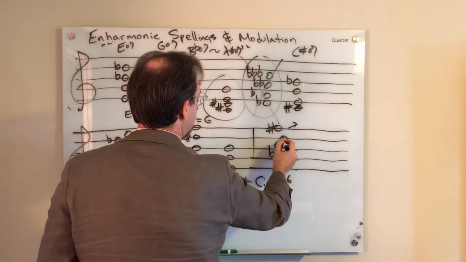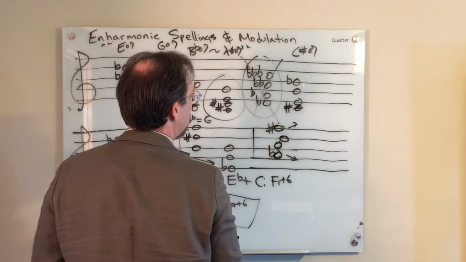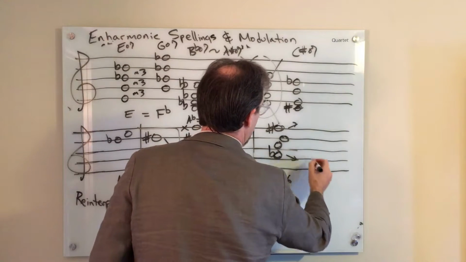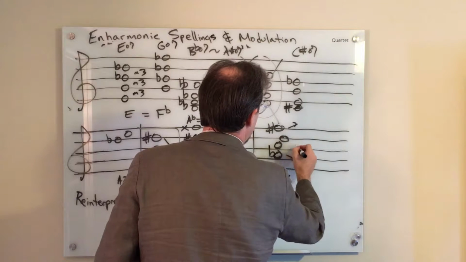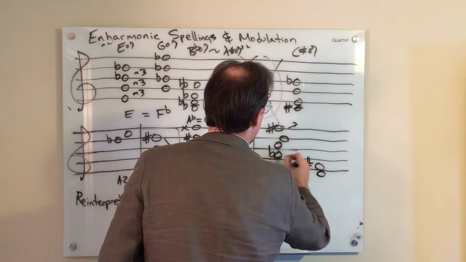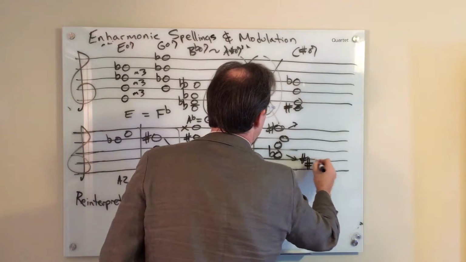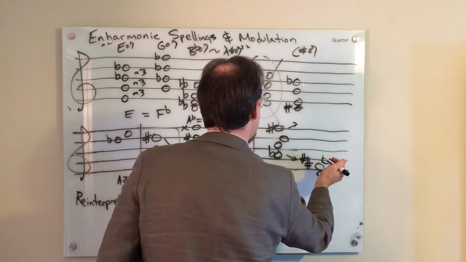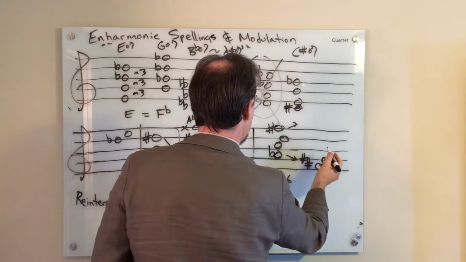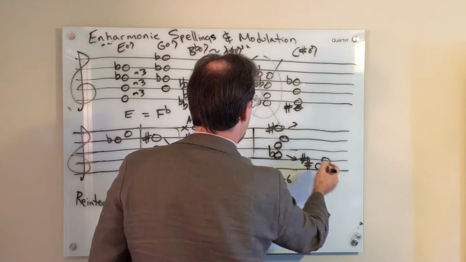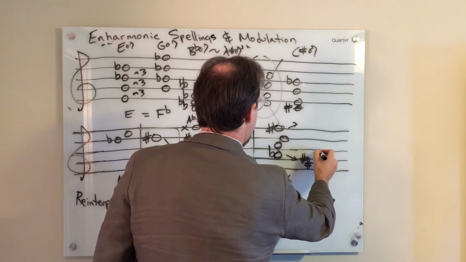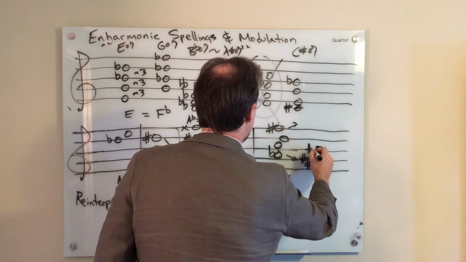So if we look at this as our French augmented 6, we can reorder this to the following. We can make the D, F sharp, make this A flat a G sharp, so we have the F sharp there, the D there, the A flat becomes that, and the C becomes a B sharp.